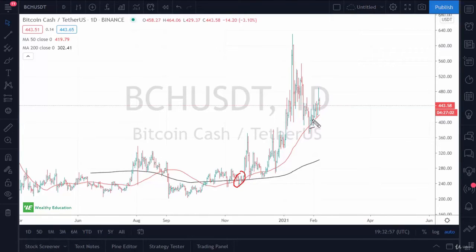The short time frame, in this case 50 days, breaks above 200 days, and it just takes off like a rocket in Bitcoin Cash. However, you can see that it produces the occasional whipsaw, and that's the problem with a moving average crossover system. You have to be willing to accept several small losses for a huge, big trend following one.